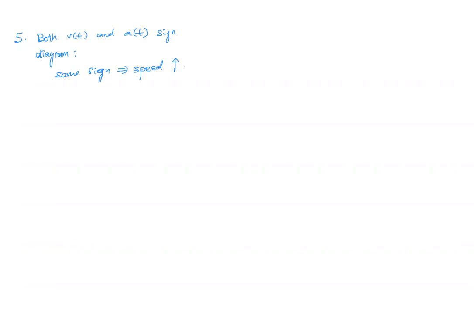So look, opposite sign means decrease also, I don't have to write down that. So my Vt sign diagram is like that. Negative, positive. Yeah, just now I showed you in this diagram, correct?